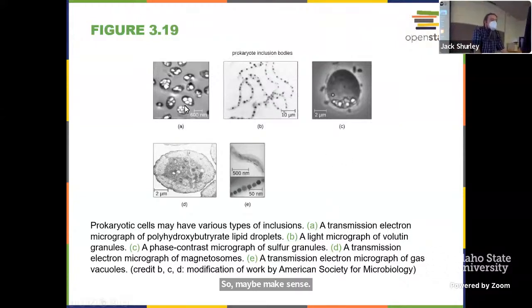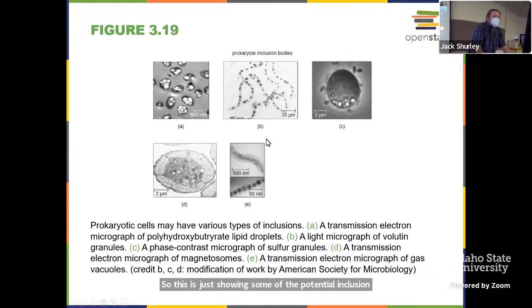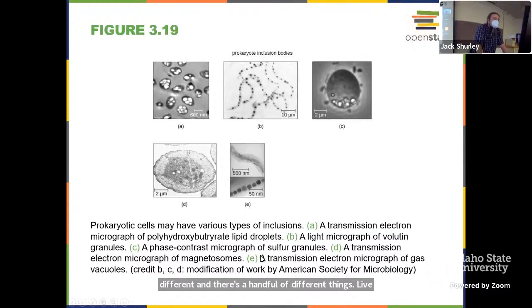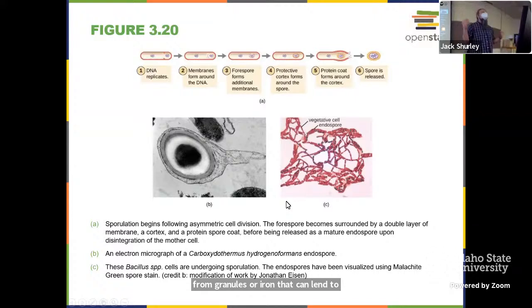So this is just showing some of the potential inclusion bodies, not the spores with our Bacillus and Clostridium, all right? But other bits that might potentially show up in a gram stain as kind of a little hollow region, but with endospore stain, it wouldn't show up. And then you would know that's not what we're thinking, all right? It's something different. And there's a handful of different things, lipids and other things, maybe even some pigments or sulfur granules or iron that can lend to some differences in there.